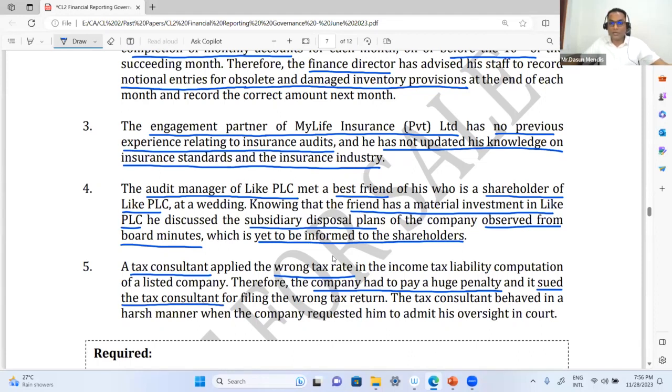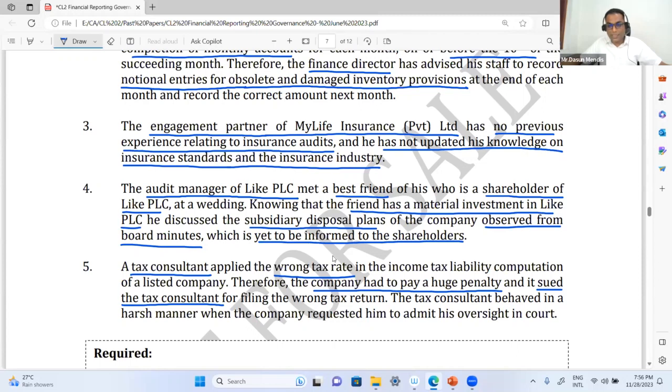Here we have taken a service from you. We have not been given it in a proper manner. So because of that, not only do we have to pay you your professional fees, but also we have to pay penalties, because when you are taking the service of tax consultants, that is very expensive, right? So the company had paid them. Not only that, now the company has to pay penalties because of the mistake done by the tax consultant, because the tax consultant has taken a wrong tax rate for filing the wrong tax return.